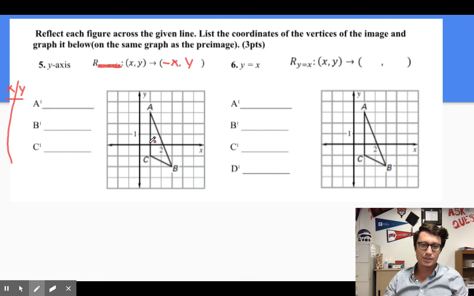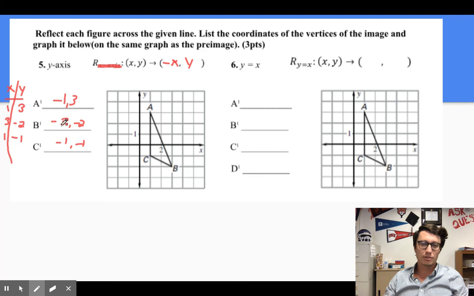So A is at 1, 3. B is at 3, negative 2. And C is at 1, negative 1. And then following the rule, I'm just changing the sign of the x. So 1, 3 is going to become negative 1, 3. 3, negative 2 is going to become negative 3, negative 2. And 1, negative 1 is going to become negative 1, negative 1.